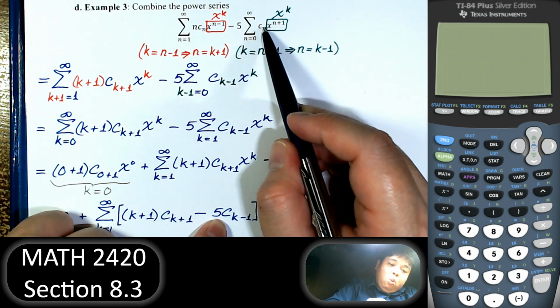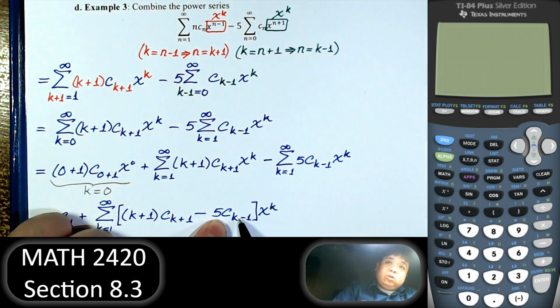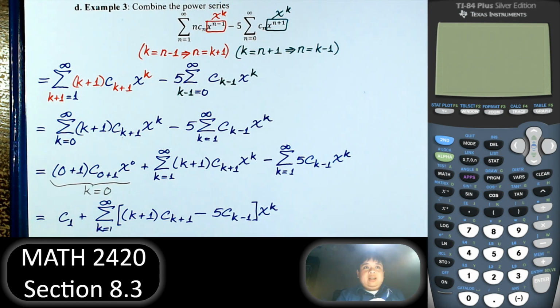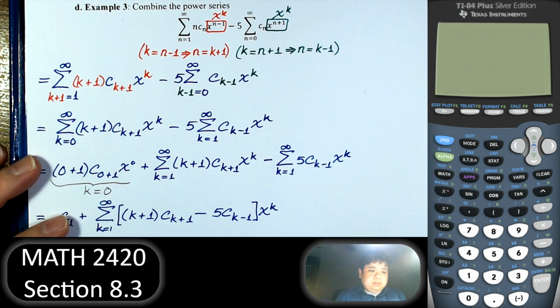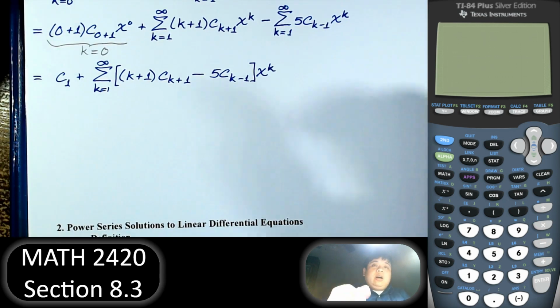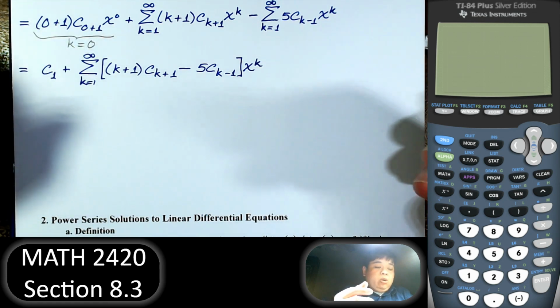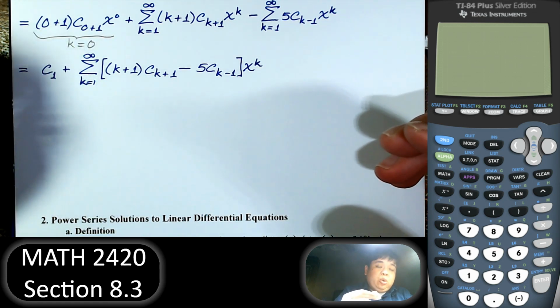The power here is 1 more than the subscript. K is 1 more than k minus 1, and then it's minus 5. So yes, that's what we have. Right. So those are very important skills in order to write a power series solution to a differential equation.